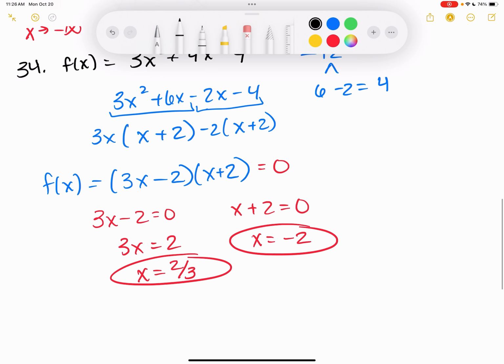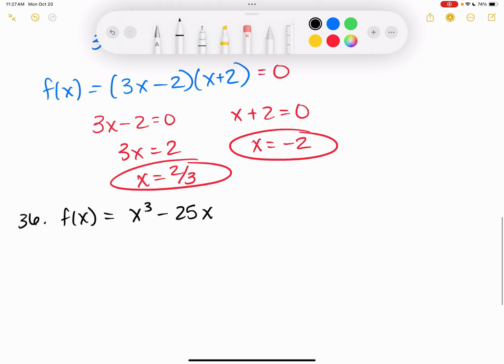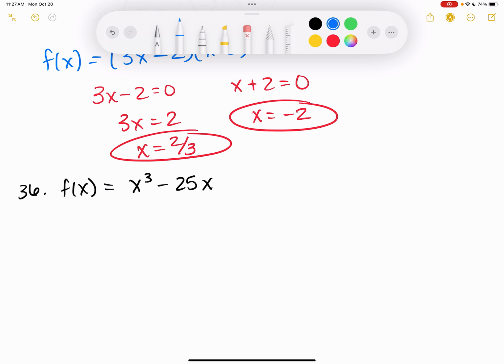36, f of x is equal to x cubed minus 25x. So finding the zeros algebraically, any idea where I should start with one like this? Take an x out. So I would get x times x squared minus 25. Then what? It's a difference of squares.